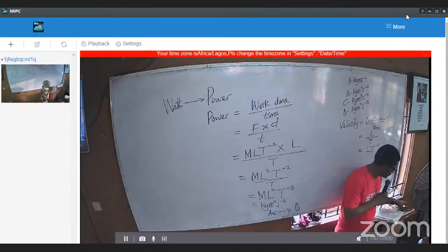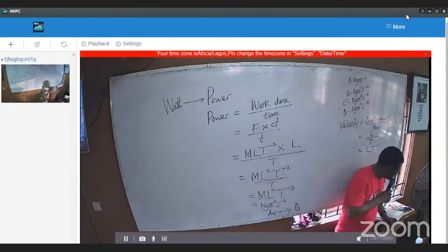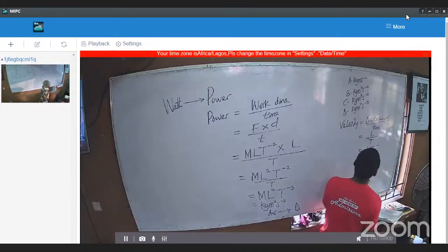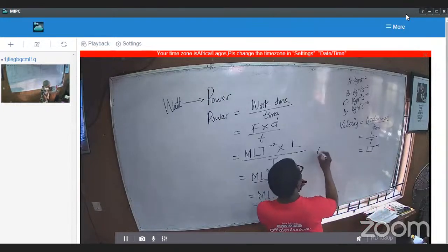Let's go. Next question. Classwork. The derived unit of pressure can be expressed as: option A, kilogram meter per second squared.